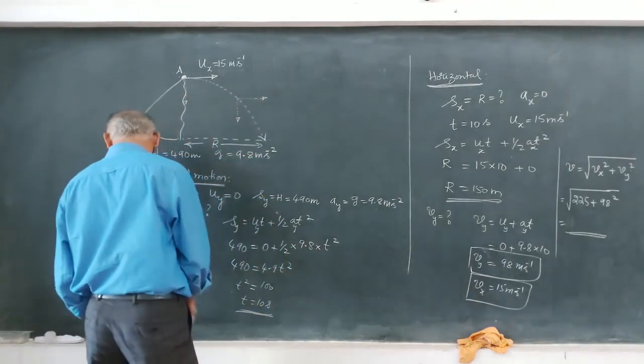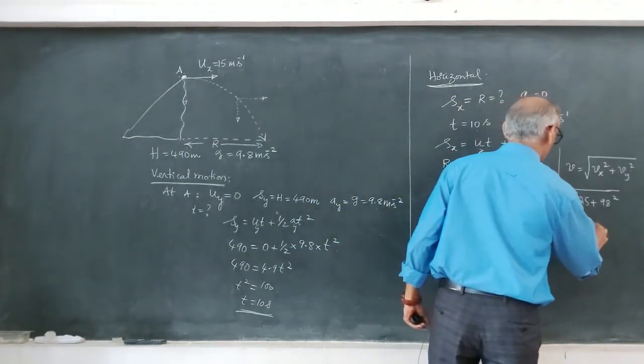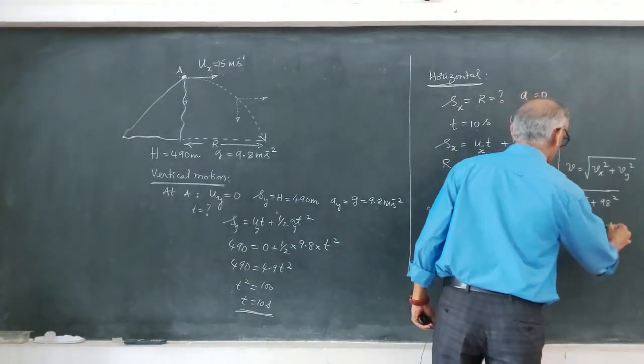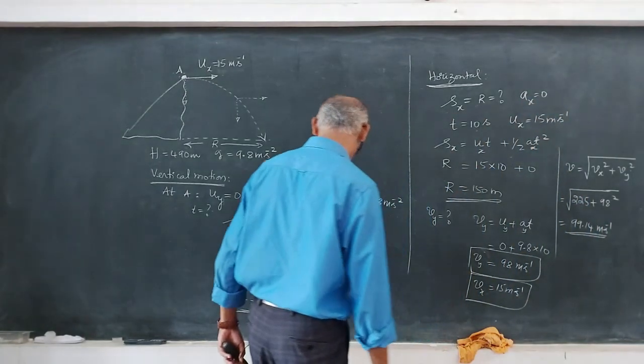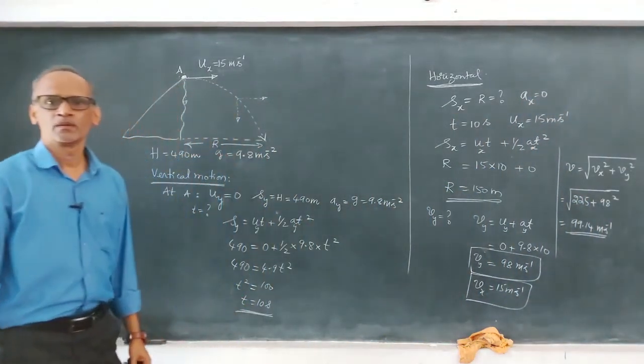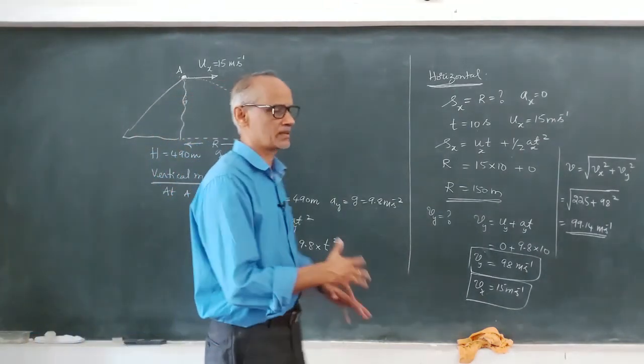That will come 99.14 meter per second. So, this is the velocity with which the stone reaches the ground. Okay. So, hope you will have understood all the numericals that I have solved based on this particular topic.